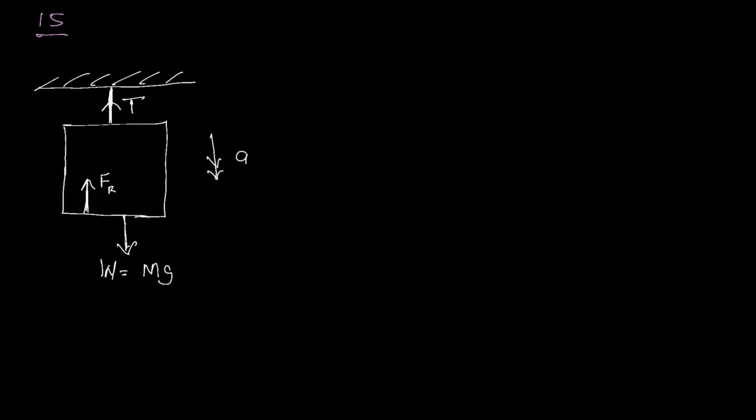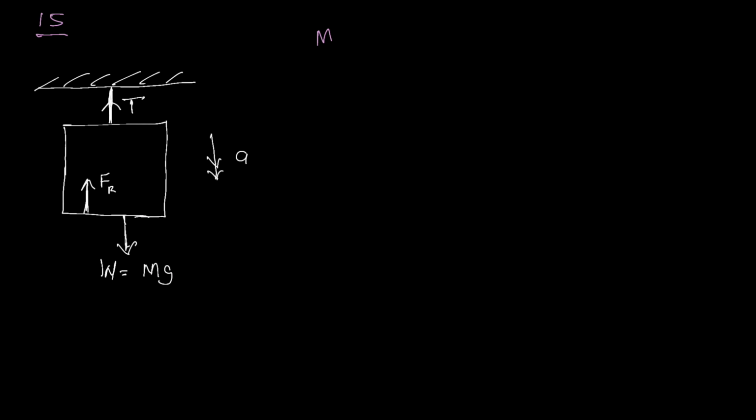Question 15. A lift of a mass m is suspended from a cable. The lift descends with a downward acceleration. A frictional force F acts on the lift. What is the tension T in the cable? Because the lift is accelerating downward, the weight of the lift is leading.